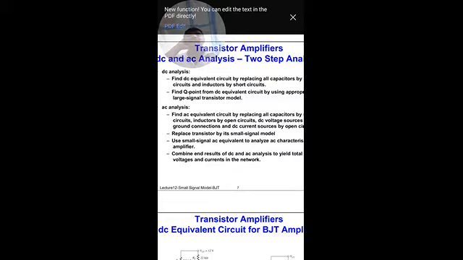Then using this small signal equivalent circuit we analyze the AC characteristics of the amplifier, and after that we combine the results of DC and AC analysis to yield the total voltages and currents in the circuit.